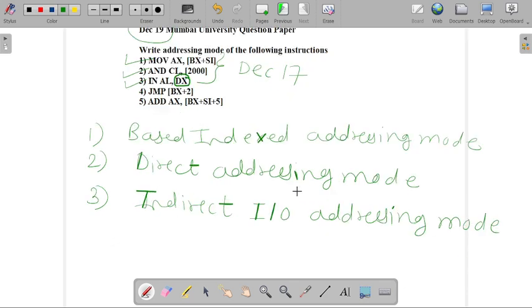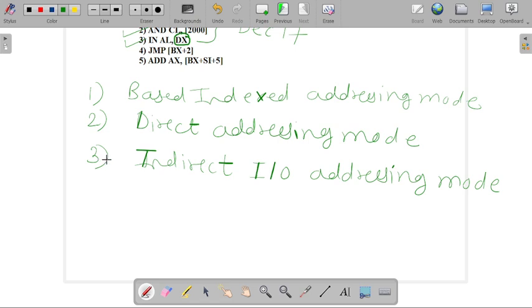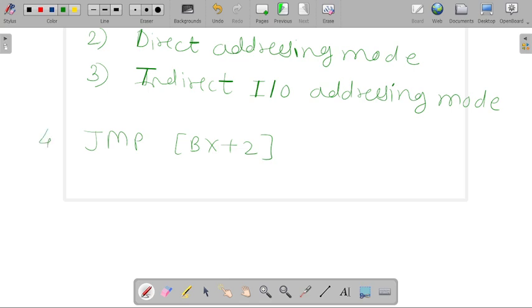Now the fourth question is JMP [BX plus 2]. Here we have used the jump instruction. So whenever a jump instruction is there in the example, it should be either inter-segment addressing mode or intra-segment addressing mode.